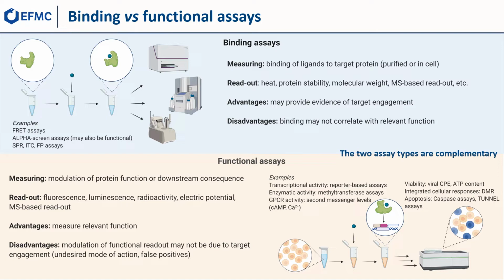Mass spectrometry could be used as well. These assays measure biologically relevant functions, but the observed readout may not be due to target engagement, since unexpected and undesired modes of action could also occur, and consequently false positives are not infrequent.